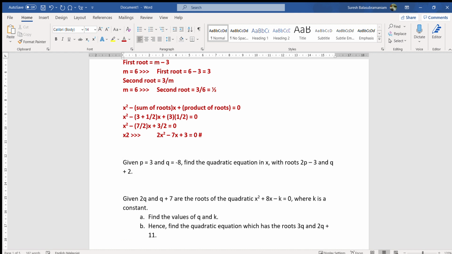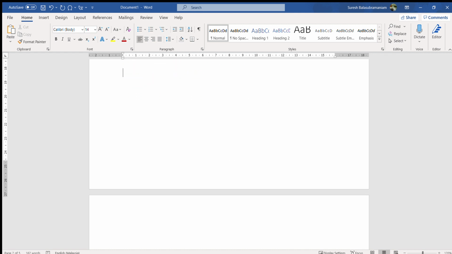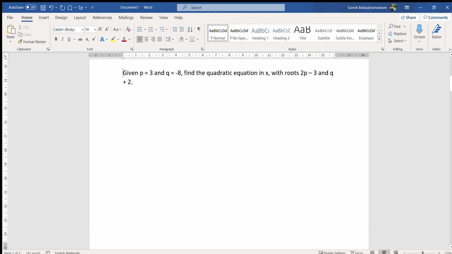I'll push this question down a bit. Okay, given p equals to 3 and q equals to -8, find the quadratic equation in x with roots 2p minus 3 and q plus 2.